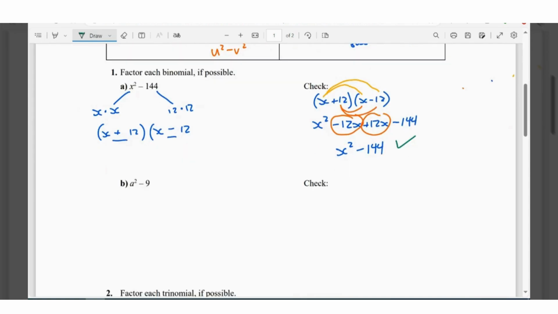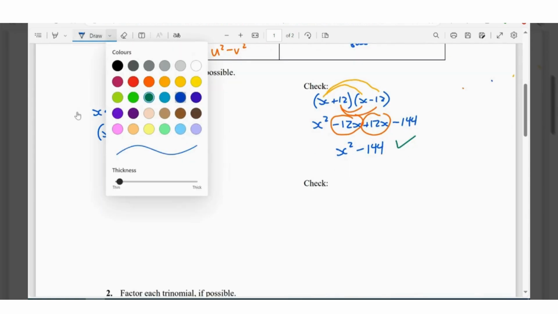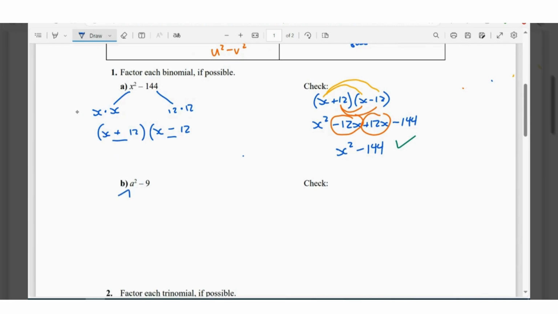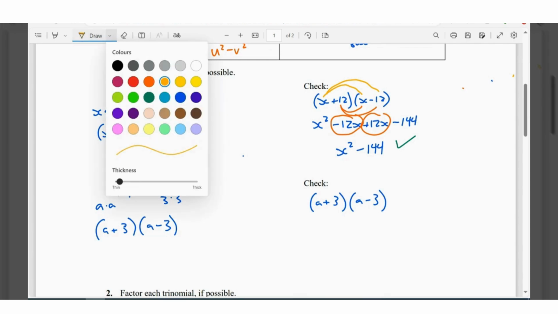This next one looks like we have two perfect squares. We got an a times an a, and we got a 3 times a 3. So we need to have an a plus 3, and the other one has to be a minus 3. And now let's check. We got a plus 3, a minus 3, and let's FOIL it out.